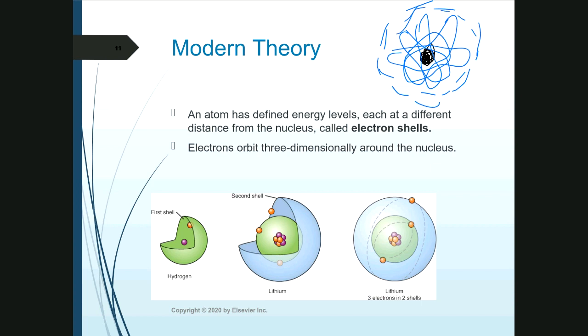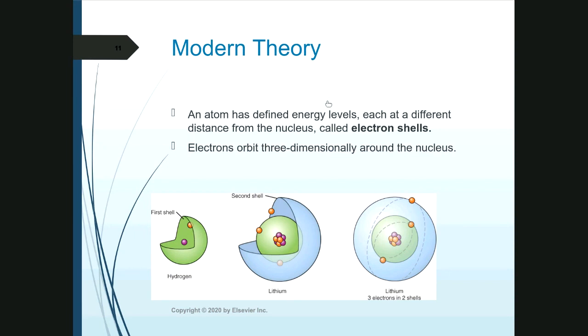It's not nice and flat like we typically draw the nucleus, and then K shell, L shell, M, N. It's not like that. Like on page 18 in your book, it's not nice and flat and laid out. It's actually three-dimensional. Okay, so they orbit three-dimensionally around the nucleus.